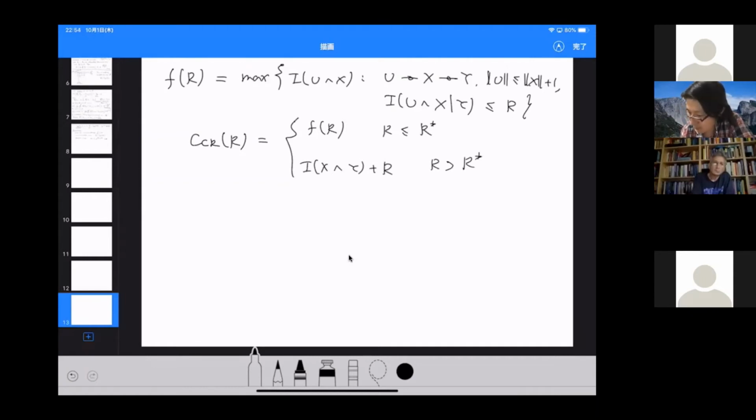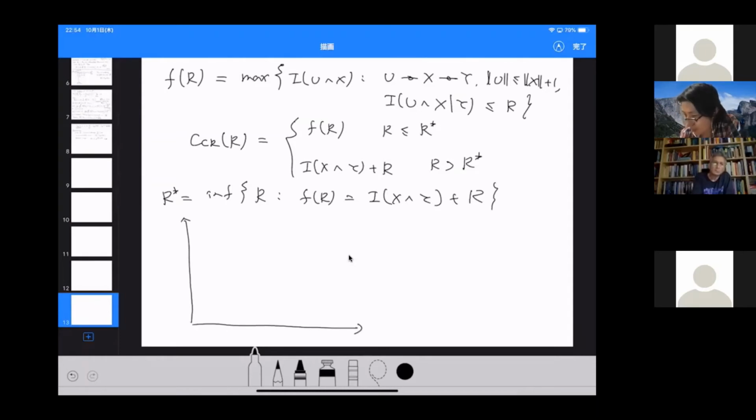So what is this critical rate? This critical rate is defined as the infimum r such that this function f of r coincides with this straight line. So in picture, the shape of this function is typically something like this. We have this mutual information, and we have this straight line.